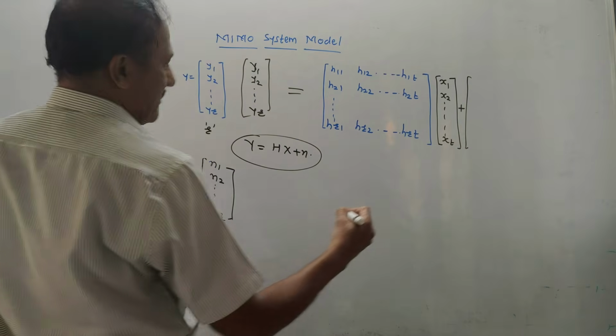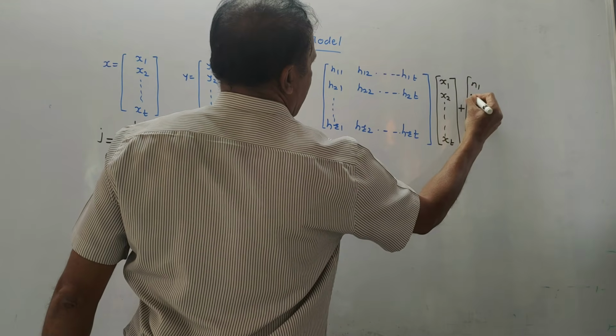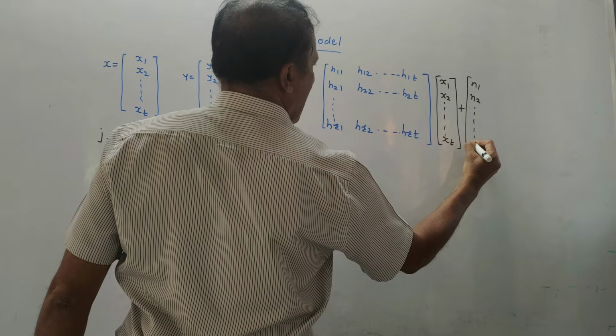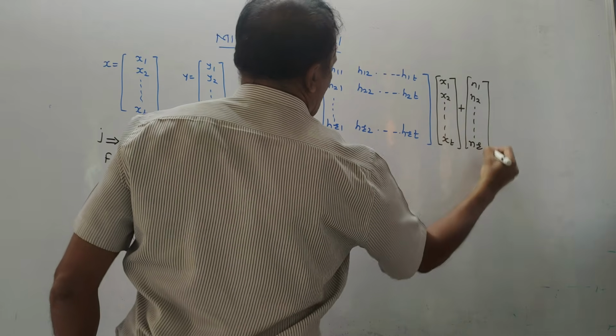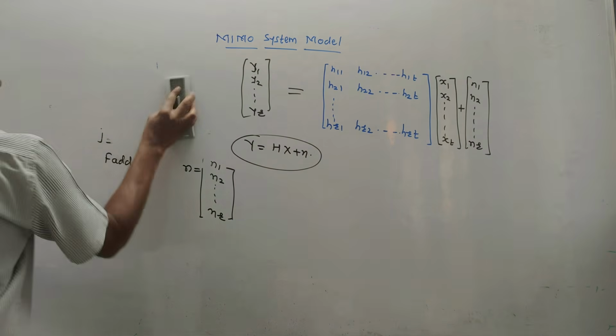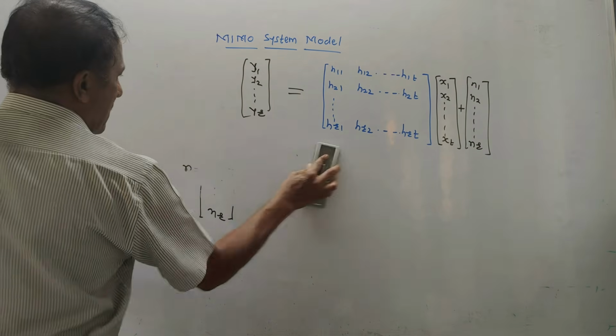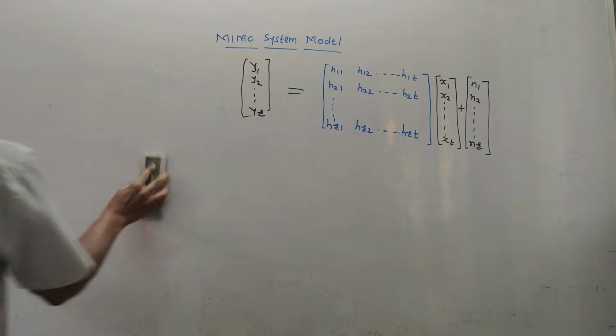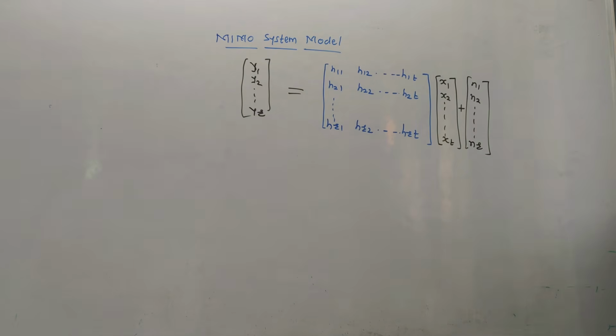The noise matrix is n1, n2 and so on up to nr. This is what is called the system model representation of the MIMO system.